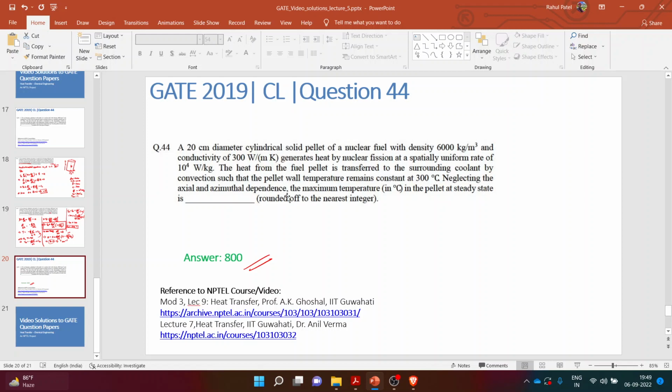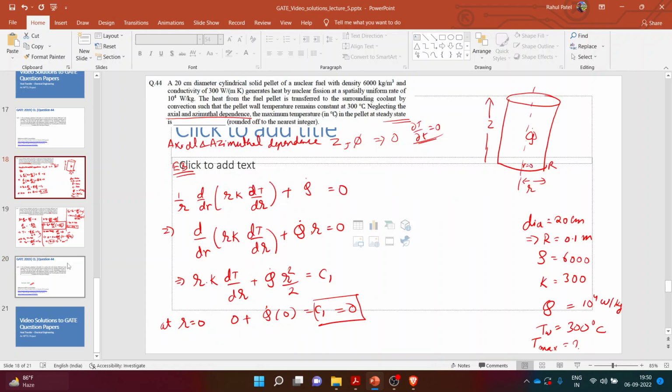The same equation we can write in terms of cylindrical coordinates, and from that we get this final equation that we are using.